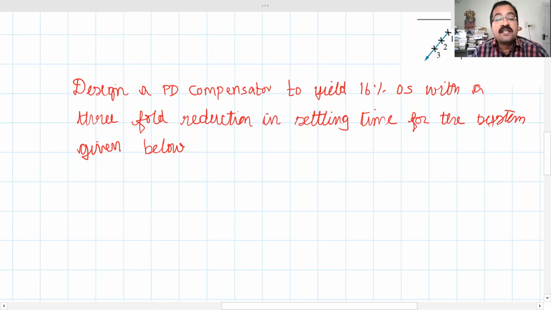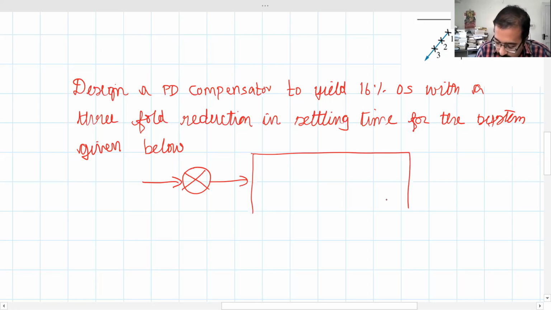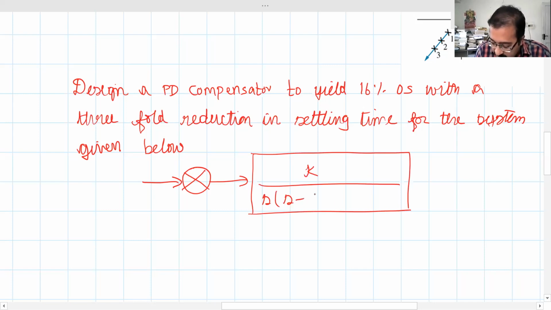So we have to design a PD compensator to yield 16% overshoot with a threefold reduction in settling time for the system given below. We are given a system like this: K divided by s into s plus 4 into s plus 6.